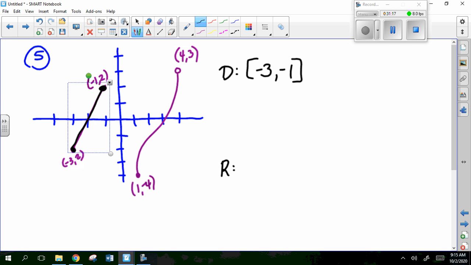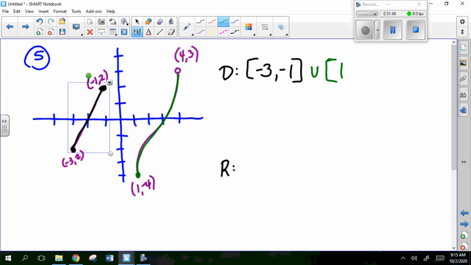But then there's a whole other piece to the graph that picks up at what x value? 1. So that means we need another interval that starts at 1, and it's closed, so it gets a bracket. And then as I work my way to the right, what's the next x value that has something happening? 4.